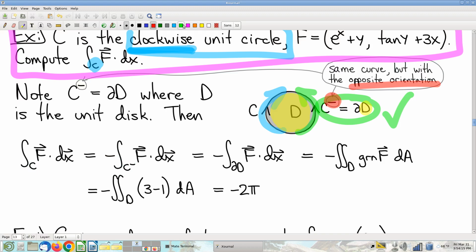We recognize, as is already noted, right there, that C minus is a boundary. Specifically, it's the boundary of that yellow region. That's important. The fact that it is a boundary is what allows me to do the next step.